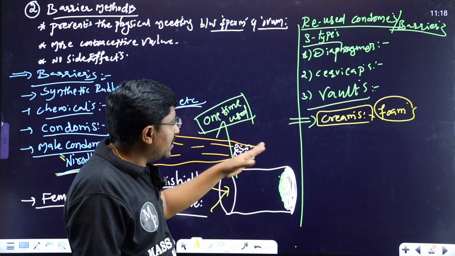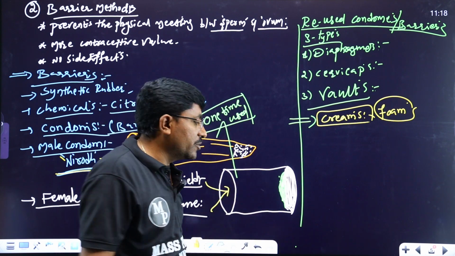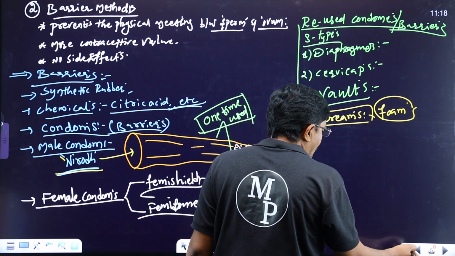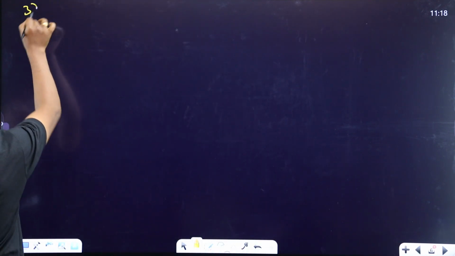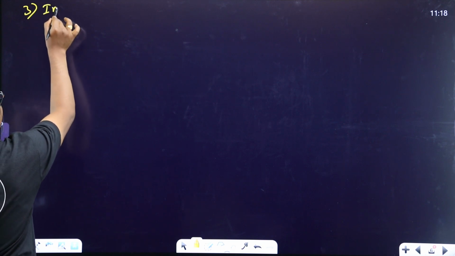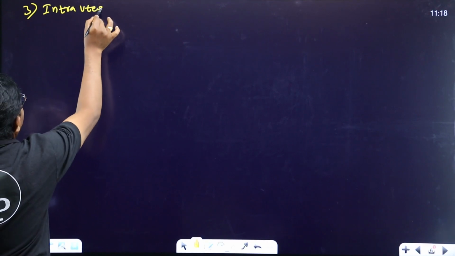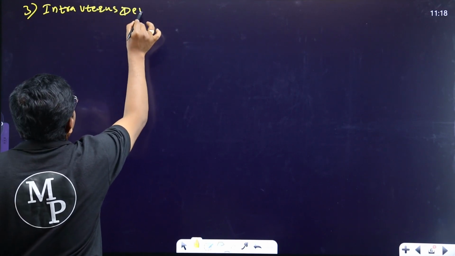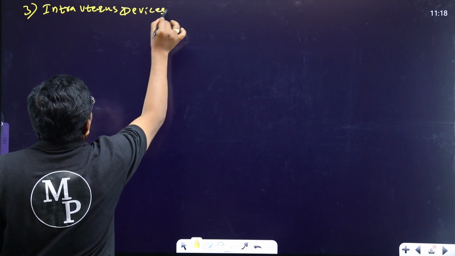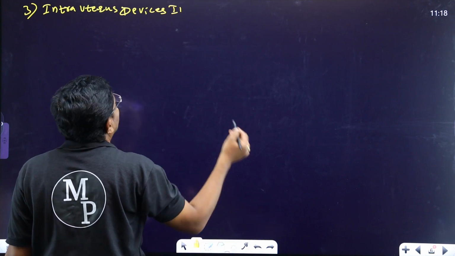Okay, after that, we'll go to the next, third type of contraceptive method, that is the IUDs, intrauterine devices, common name IUDs.